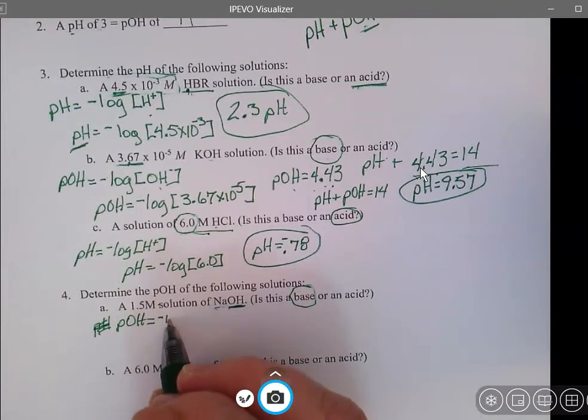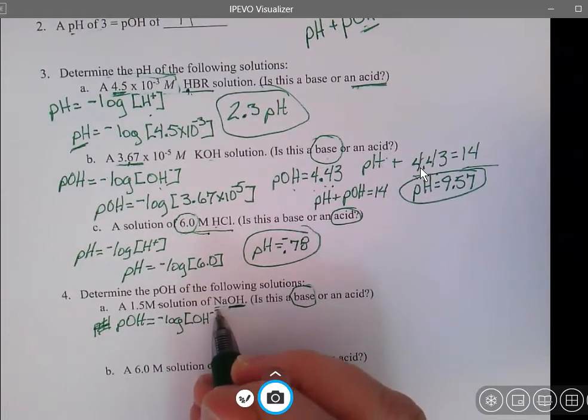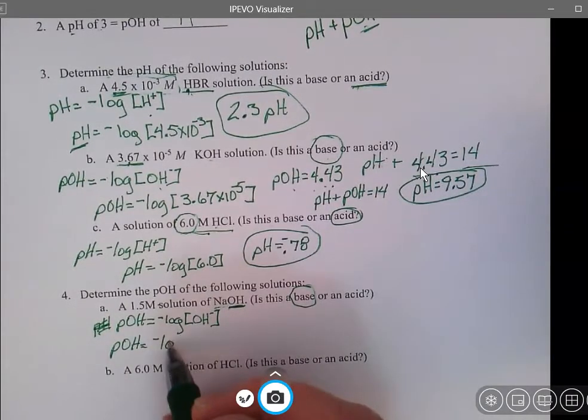Negative log the concentration of OH. So pOH equals negative log 1.5.